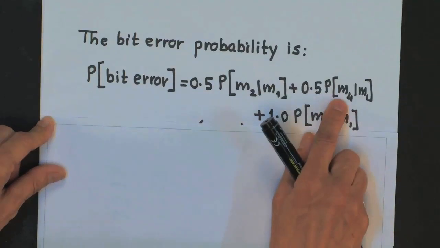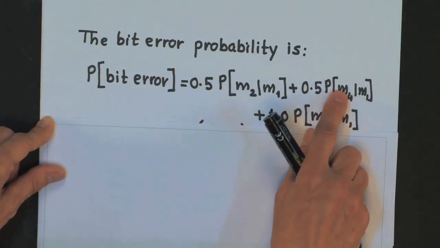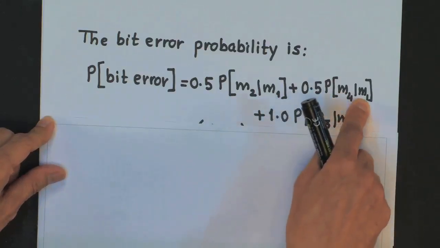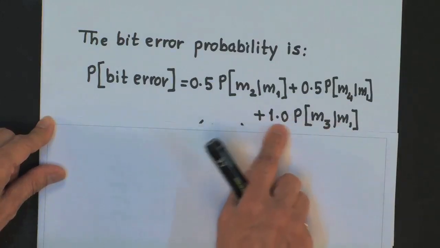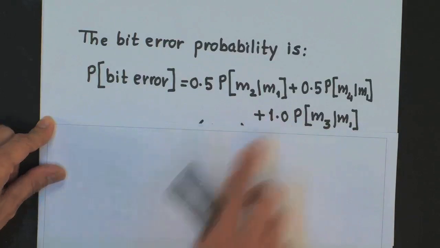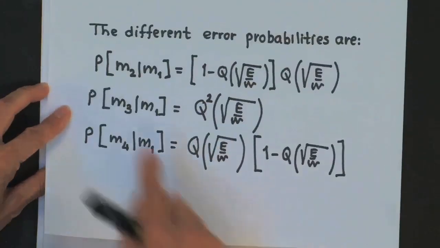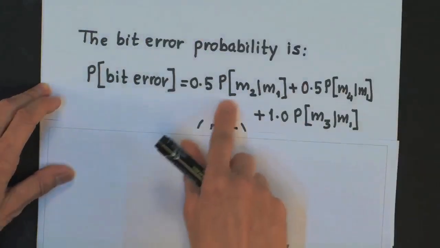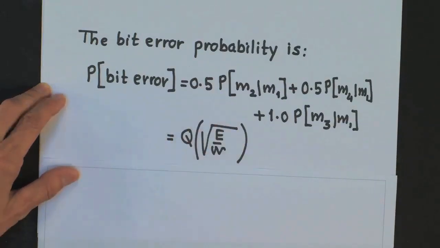And similarly, for the case of M4 being decoded given M1, and in the case of M3 given M1, you multiply this by 1. So, if we use these expressions, it is easy to see that this will simplify to this expression out here.